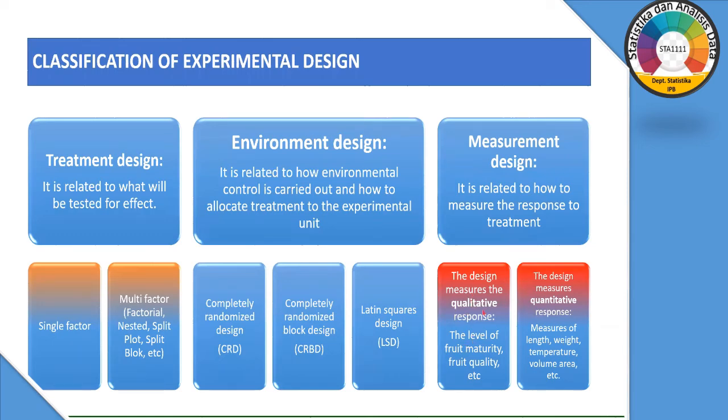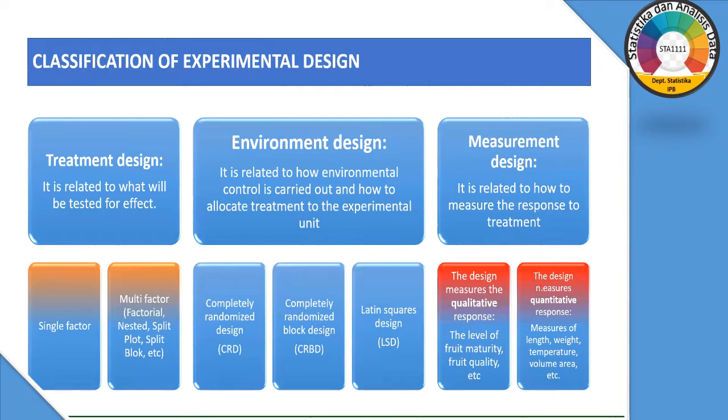For example, maturity of fruit: level 1, level 2, level 3 on an ordinal scale, not in terms of numbers or measurement. Let's say food quality: low quality, medium quality, and high quality. So that one is qualitative.